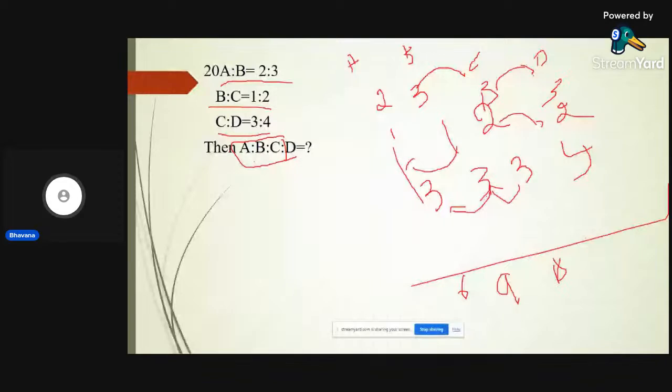Next, 3 2s are 6, 6 4s are 24. So now it's divisible by 3, so 6 and 8. So the ratio is 2 is to 3 is to 6 is to 8.